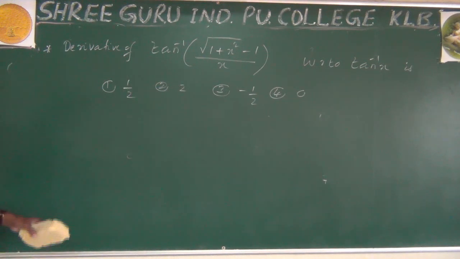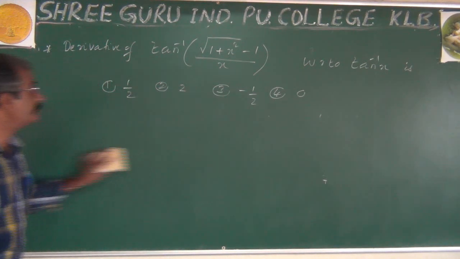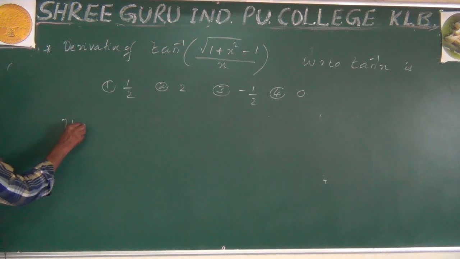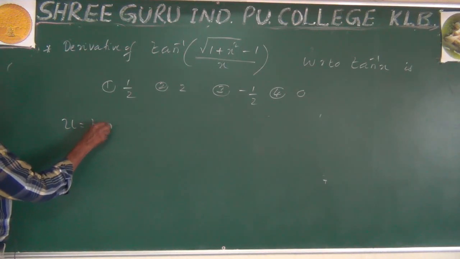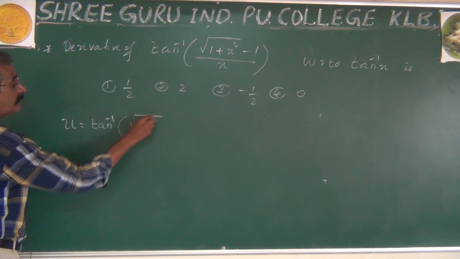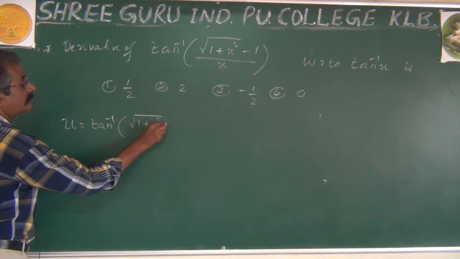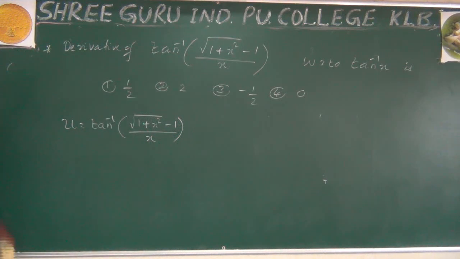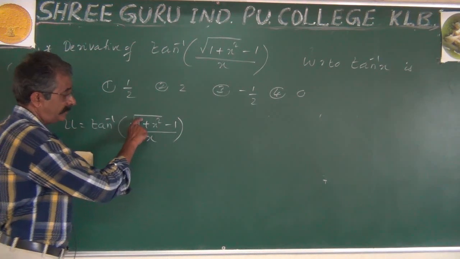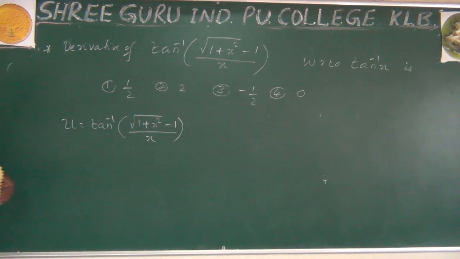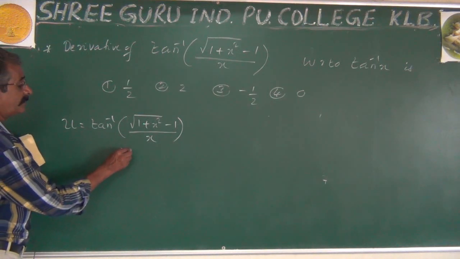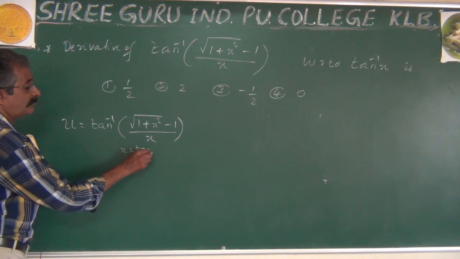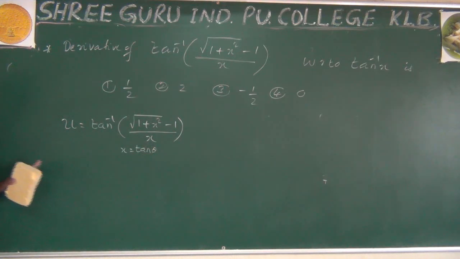That means we shall take one function u, another function v. Let u equal to tan inverse of root 1 plus x square minus 1 divided by x. In the earlier days I told you to memorize this expression's answer as far as MCQ is concerned. Actually you have to put x equal to tan theta and simplify.